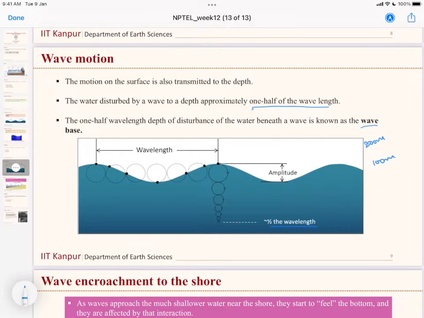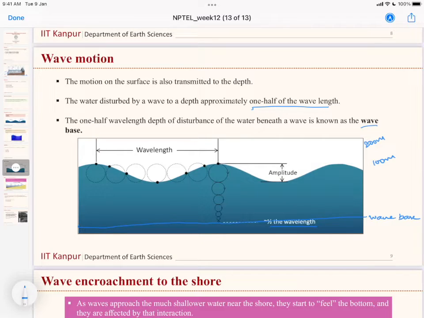In this figure, the entire line I draw at the depth of half of the wavelength is treated as the wave base.